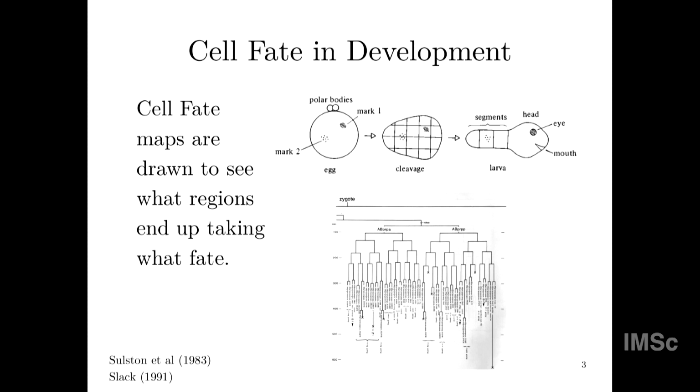This was seen most starkly in C. elegans, the worm, where you can really keep track of what every cell is doing. Of course, in more complex organisms, the cells move around. When C. elegans has about 1,000 cells, you can see, as these cells divide, what fate each individual cell ends up taking, and it's a very stereotyped trajectory.